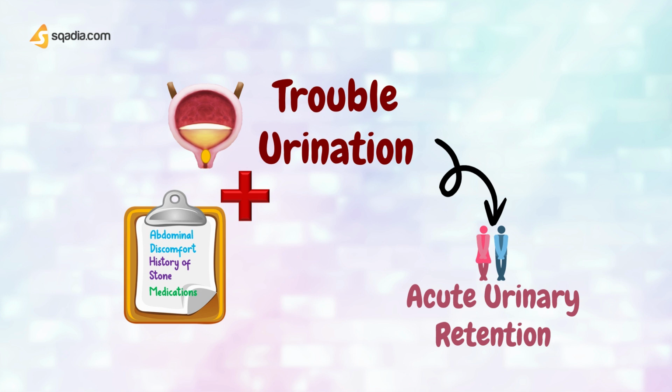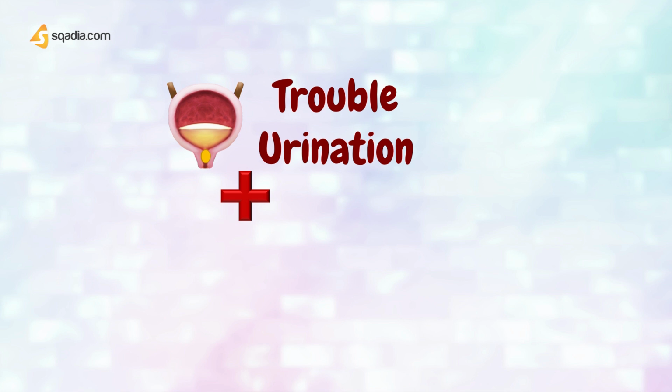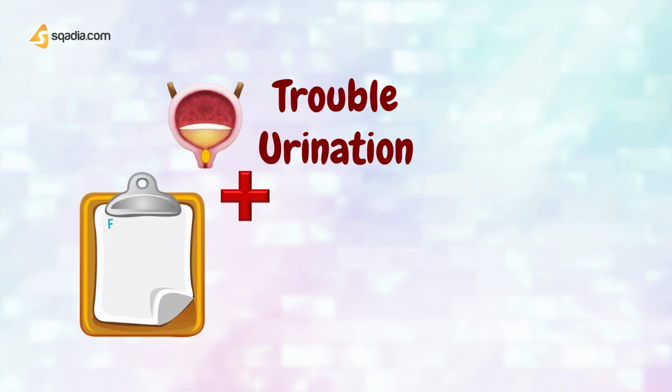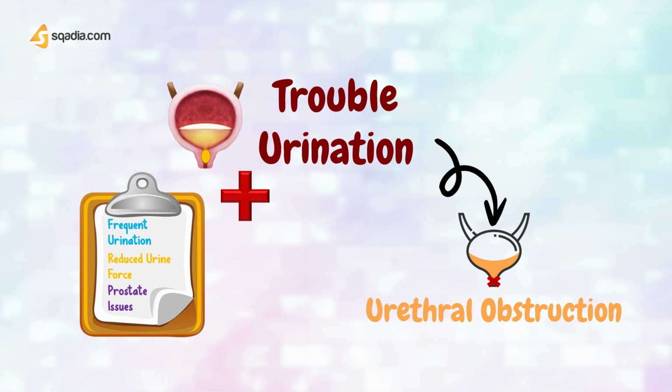And if the patient has difficulty initiating urination, frequent urination, decreased force of urine stream, a prostate problem, most common in older men, then they are suspected to have urethral obstruction. It is a blockage in the tube that drains urine from the bladder, usually because of prostate problems.